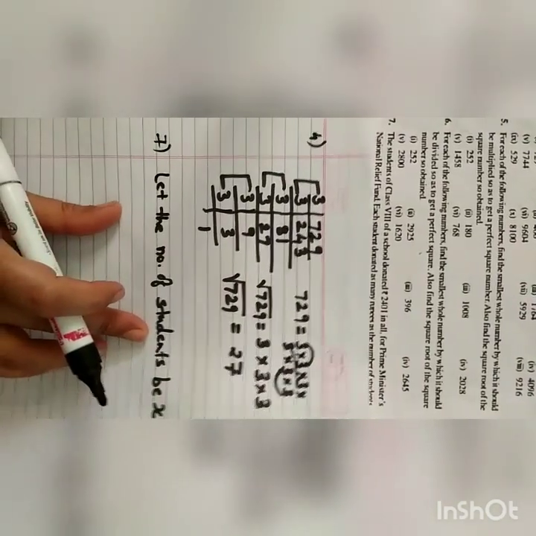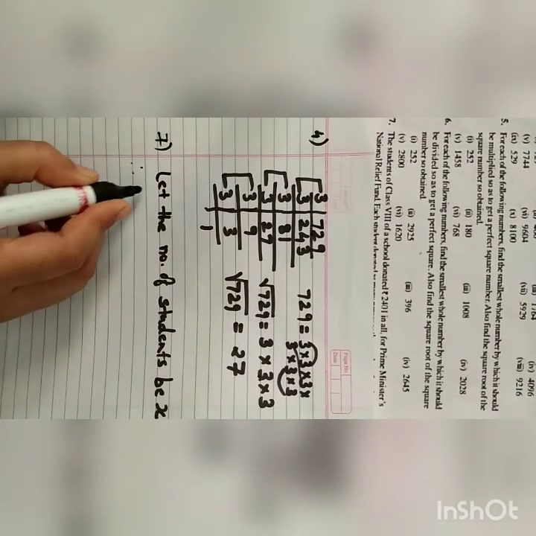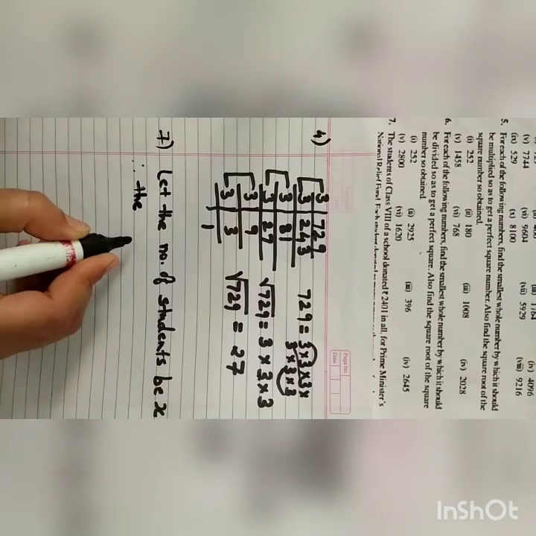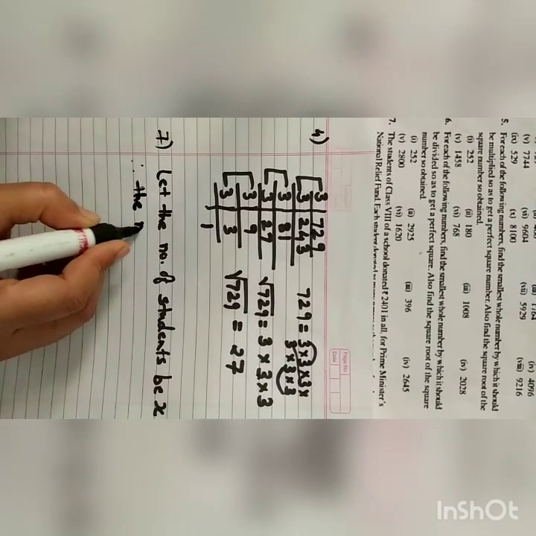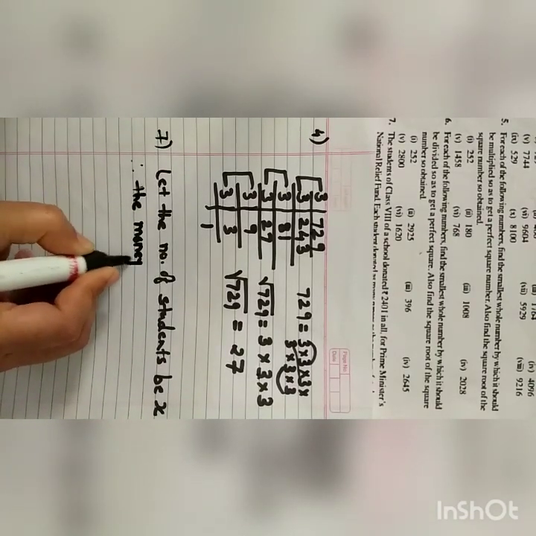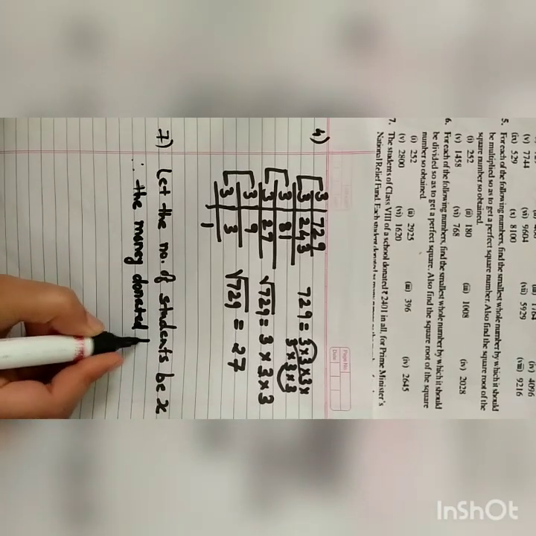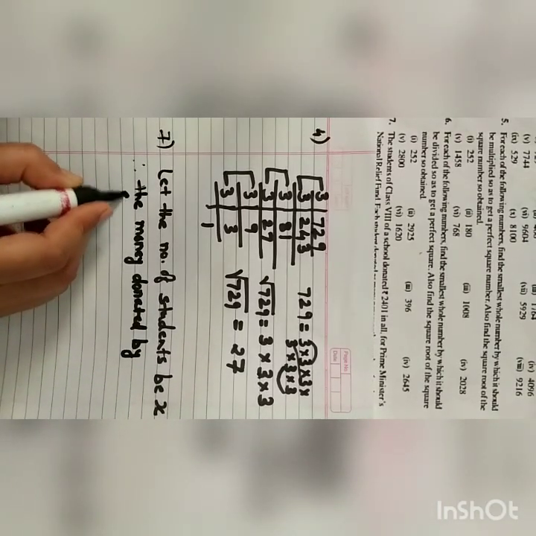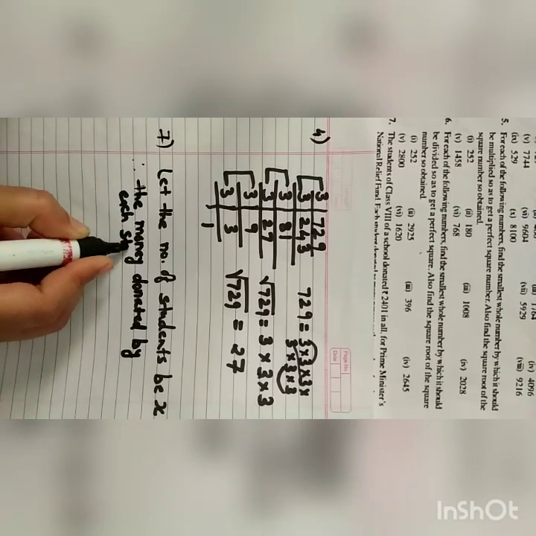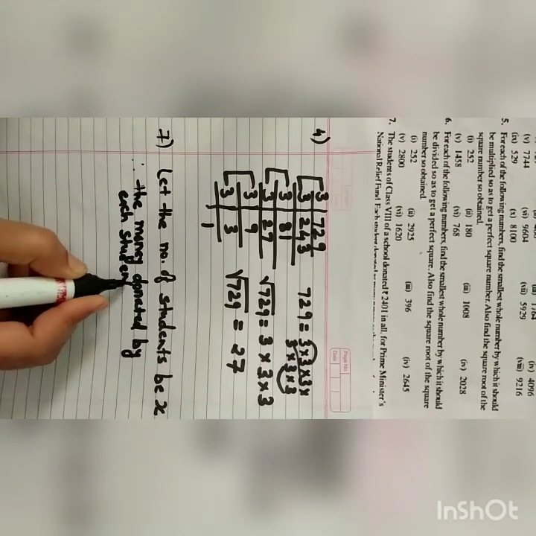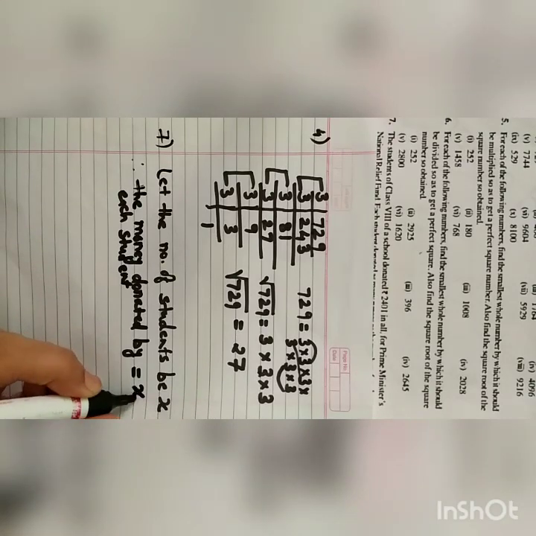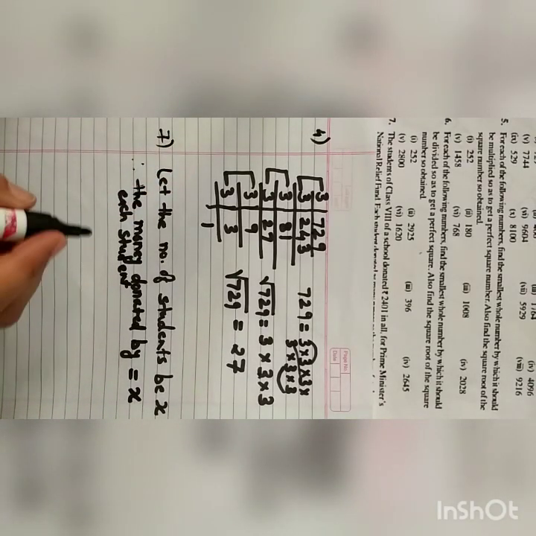So we will write that therefore the money donated by each student is equal to x. And what is the total contribution?